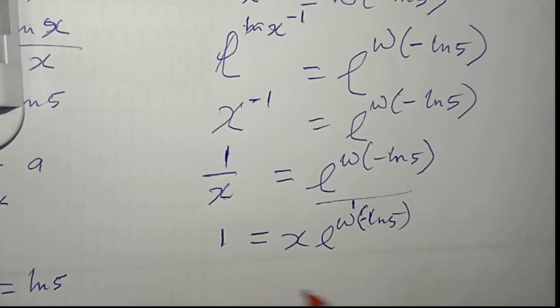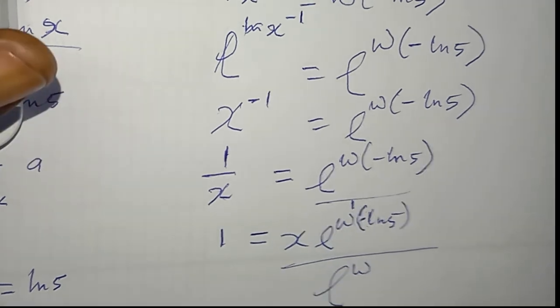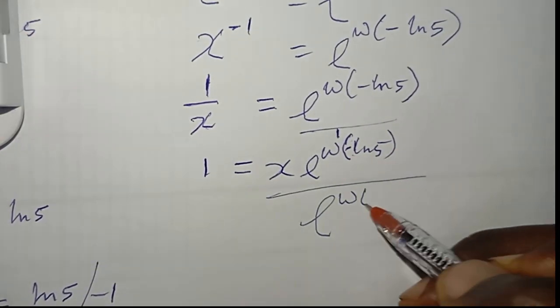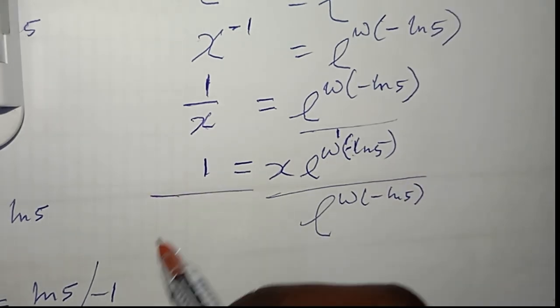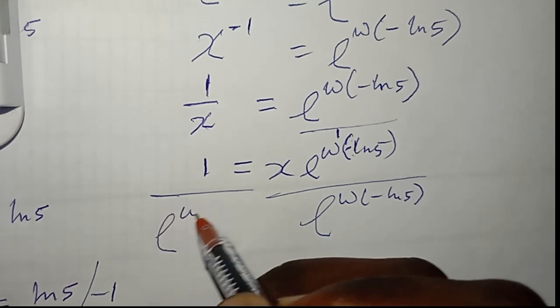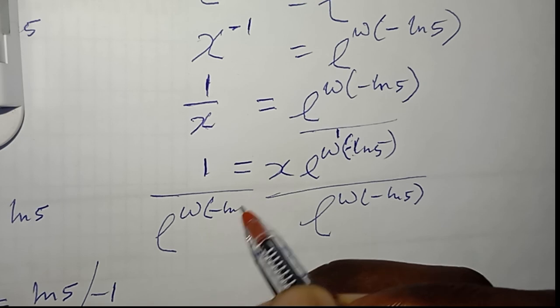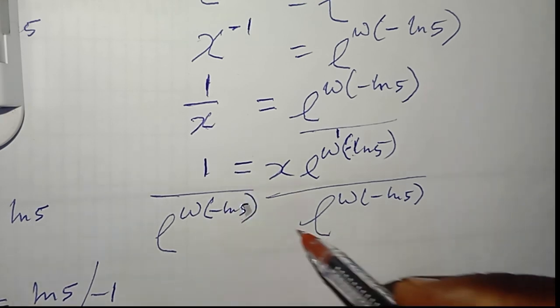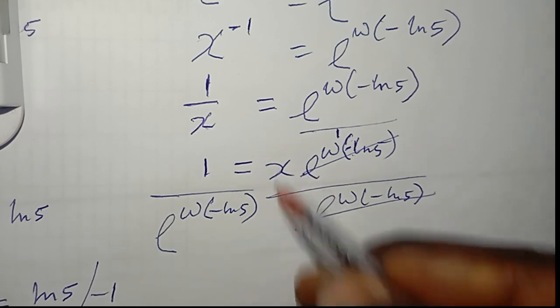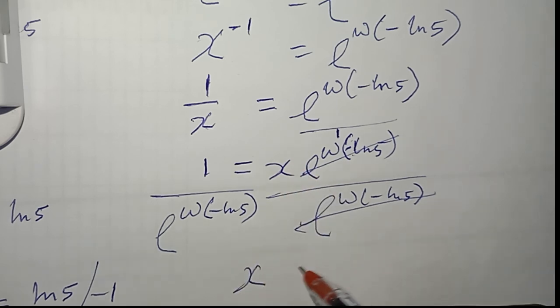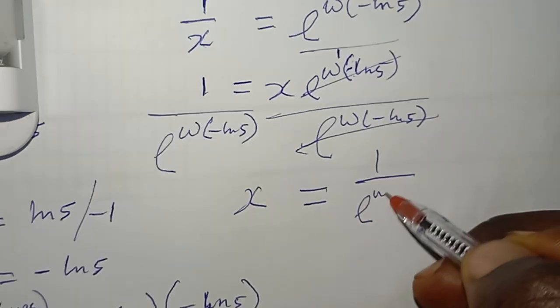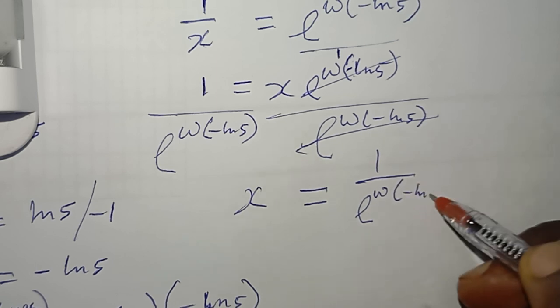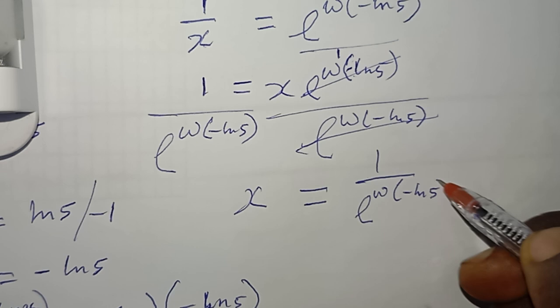Okay, so if I now divide through by exponential Lambert W function of negative natural log of 5, so eventually this cancels this, and then we've gotten our x to be equal to 1 over exponential Lambert W function of negative natural log of 5.